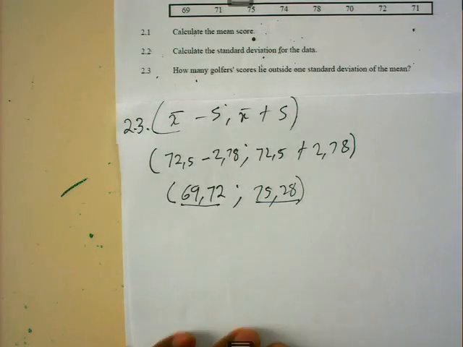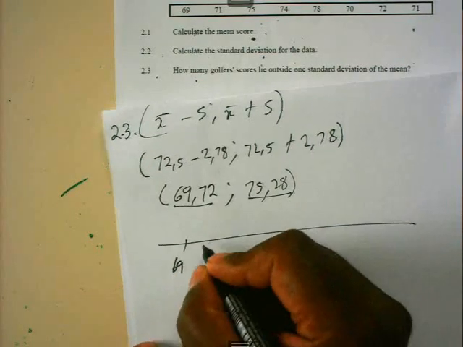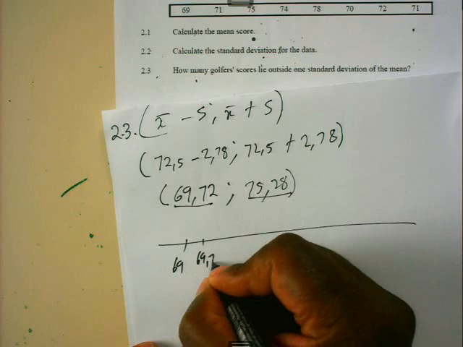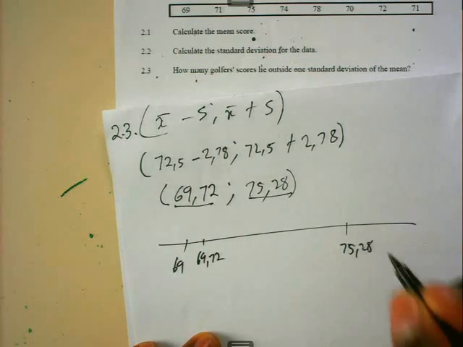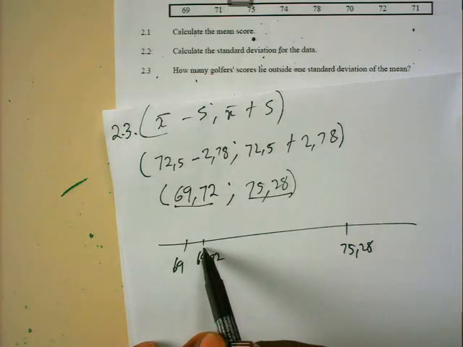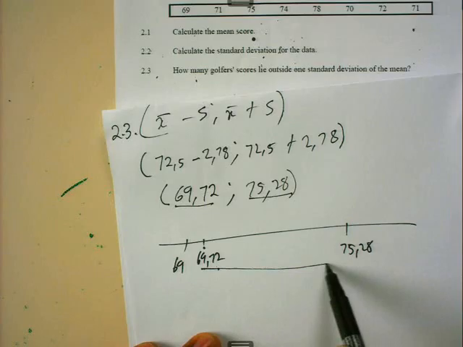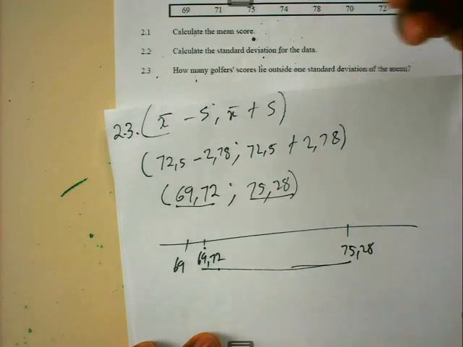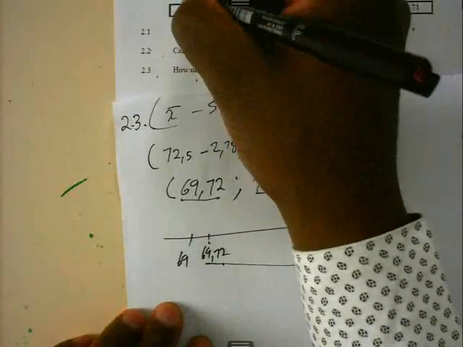Remember, on the number line, if you draw a number line, you've got 69 here, then somewhere you've got 69.72, and then you've got 75.28. We want all the values that are outside this boundary. So check 69. Is 69 in this boundary? It's out. So this is the first score.